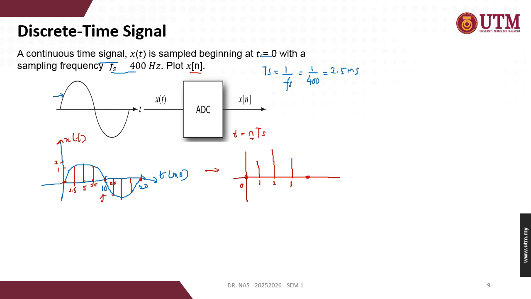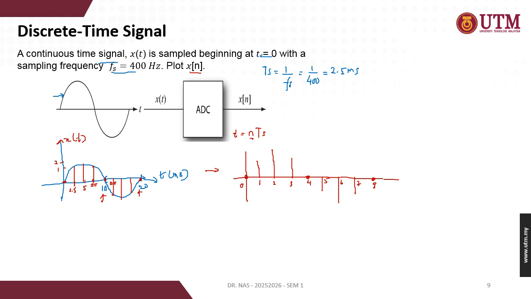Okay, you have 0 amplitude, followed by the negative amplitude at 12.5, and then at 15. So this is the fourth sample, the fifth, the sixth, and then at 17.5 you have the seventh one, and lastly at 20 you have the eighth sample.